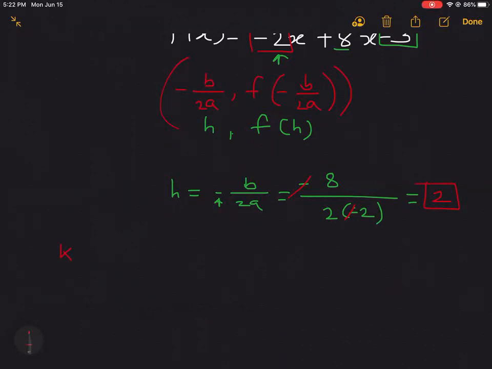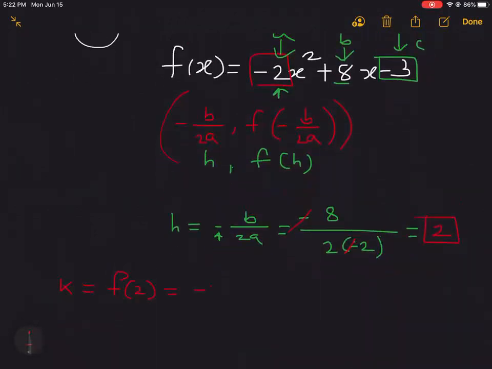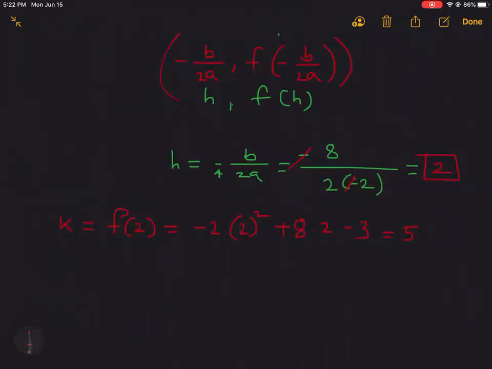So the functional value is f of 2, which is, if I plug in 2 in place of the original function, negative 2 times 2 squared plus 8 times 2 minus 3, it will give us 5. So clearly, all you need is the functional value, which is 5. So the vertex is 2, 5. That's your answer.